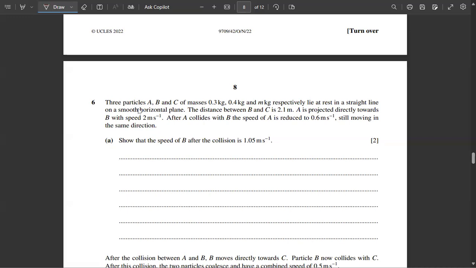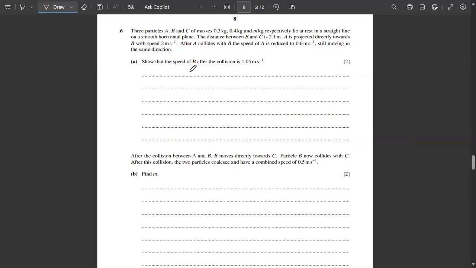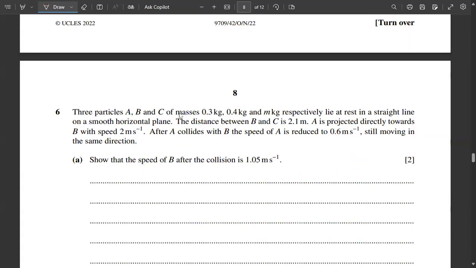By looking at the question itself, we can say the question is about momentum because we have written A, B, C, and we can see words like collide. So let's read the question now. Three particles A, B, C of masses 0.3, 0.4, and m respectively lie in a straight line on a horizontal smooth plane. That means it is a smooth horizontal plane where A, B, and C will lie.